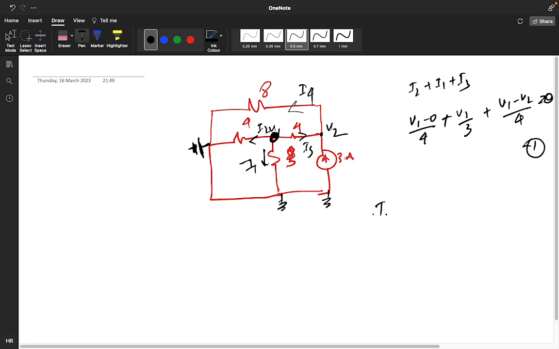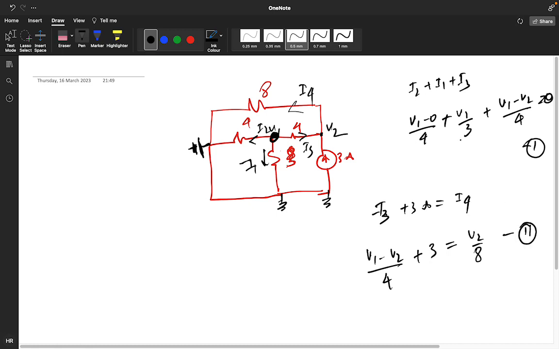So I3 current is coming, 3 ampere current is coming, and the outgoing current is I4. So I3 is V1 minus V2 by 4, plus 3 is equal to I4, which is V2 by 8. Now use this equation 2.